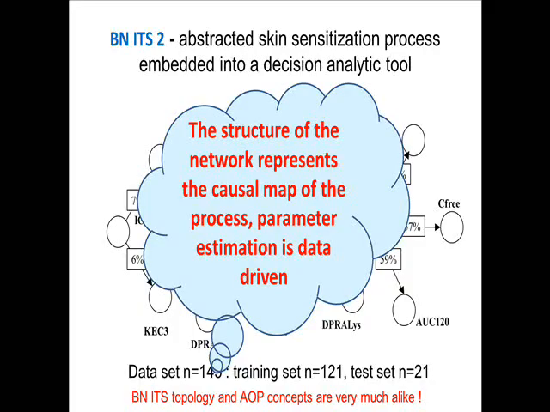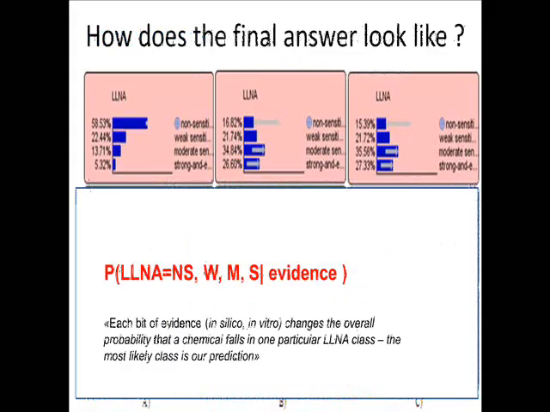picture of what happens. So if we start on the top left with an unknown chemical with no data, the most likely outcome based on just statistical distribution is that it would be a non-sensitizer if we don't know anything about it. And as soon as we have test data, this probability distribution is changed.